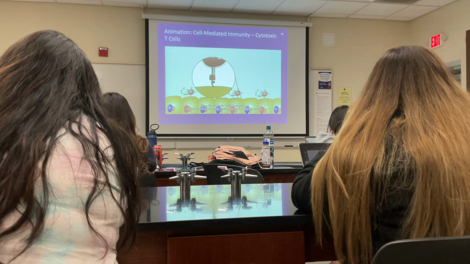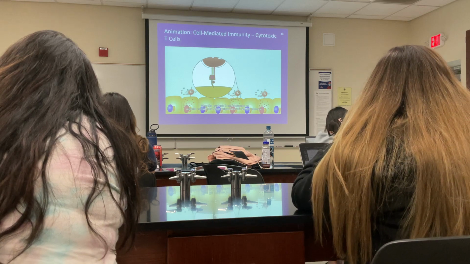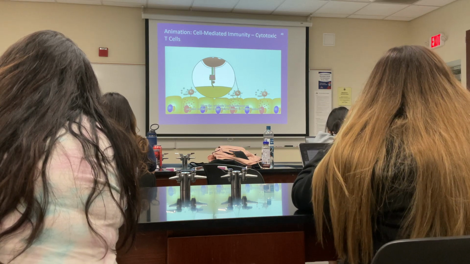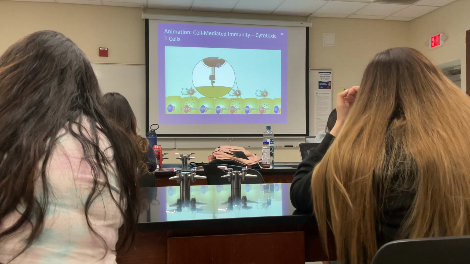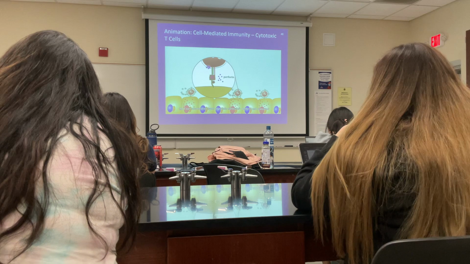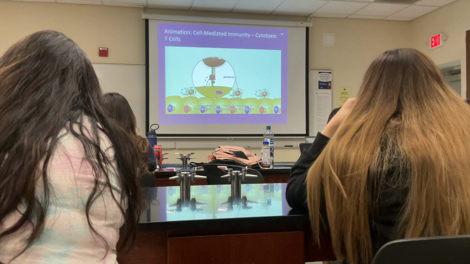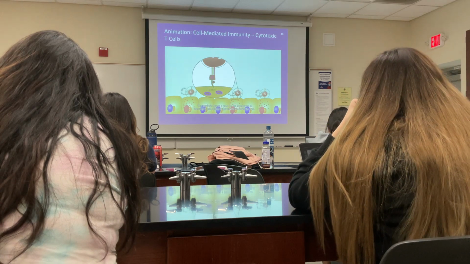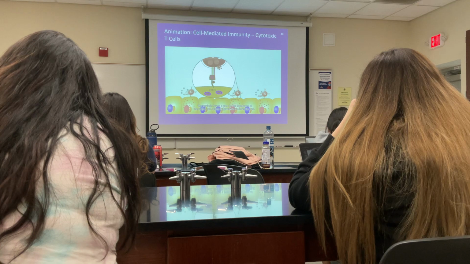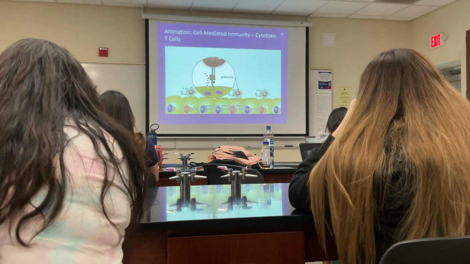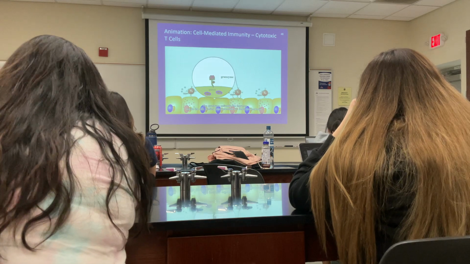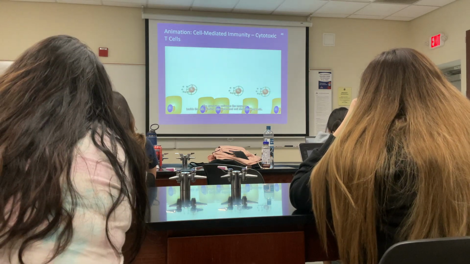When the cytotoxic T cell encounters an infected cell with the target antigen bound in an MHC molecule, the T cell secretes two types of protein molecules, perforin and granzyme. The perforin forms a pore in the membrane of the target cell, allowing granzyme to enter the cell. The granzyme activates the enzymes inside the cell, leading to programmed cell death or apoptosis.